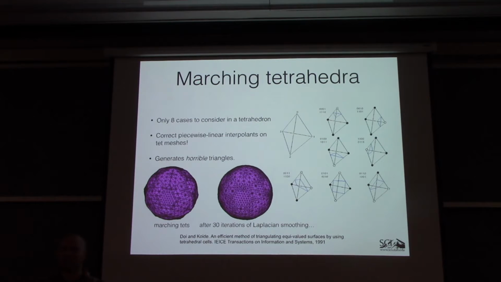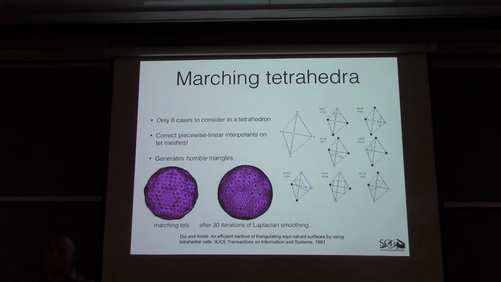You can apply the same algorithm to the uniform grid by turning each cell into either 2 or 8 tetrahedra, depending on how you do it. The challenge is that the meshes you get out of marching tetrahedra can be really horrible, with many, many more triangles. So for many years, people thought we don't really care about marching tetrahedra.